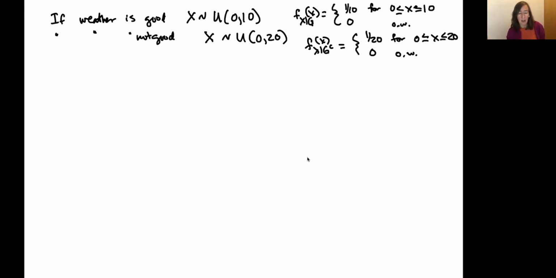That's the kind of question I would ask. The formula for the expected value of a uniform random variable gives us the midpoint, or if we don't know that, we can look it up. So the expected waiting time in good weather would be 5 minutes, in bad weather 10 minutes. The probability that I have to wait less than 3 minutes would be 30% in good weather and 15% in bad weather.